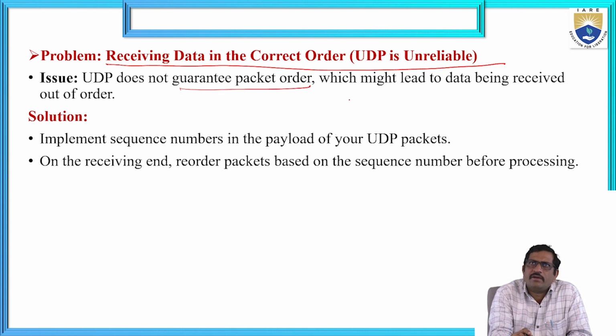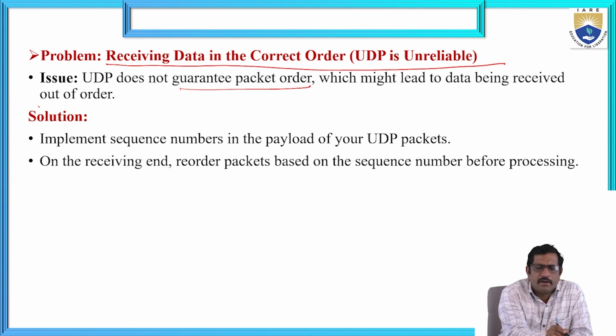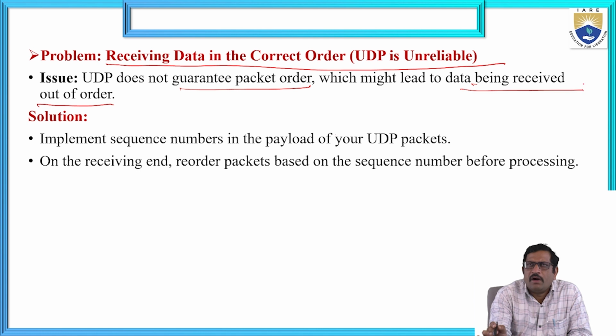User Datagram Protocol does not give a guarantee of the correct order of delivery. So the sequencing can change, which might lead to data being received out of order. The solution for that is implementing a sequence number in the payload of your UDP packets.